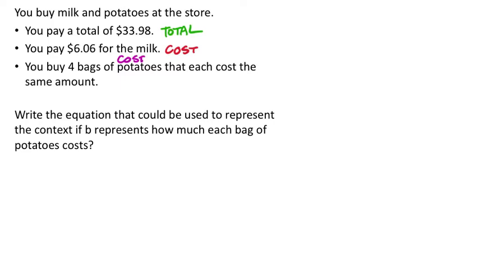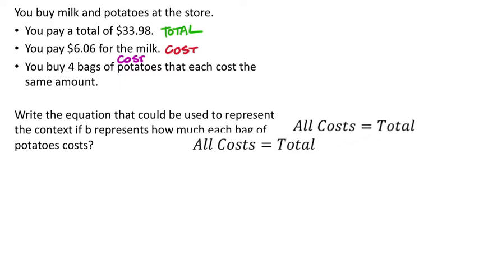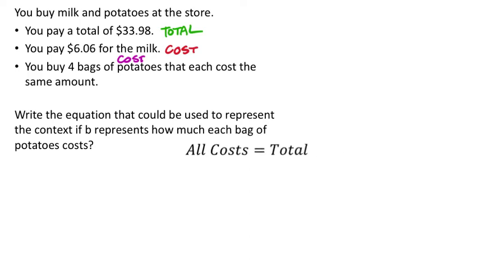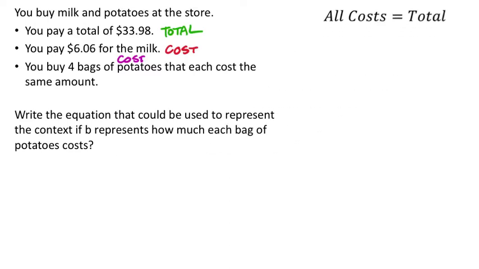All right, so when we set this up with the costs equals the total, I know that my costs, I've got the milk, and then I have the potatoes. Okay, so if I were to add those two together, I would get the total, just the total bill.